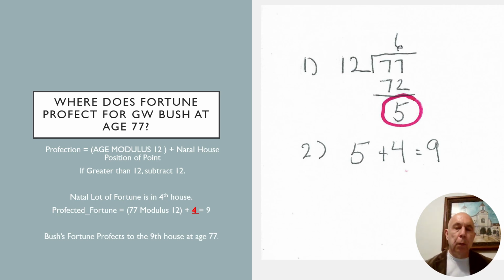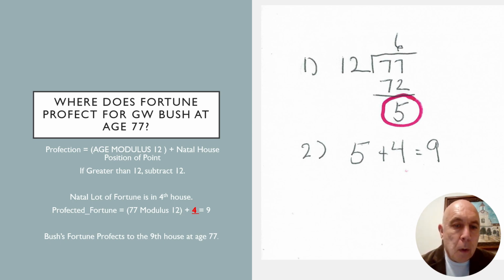All right, so we at the Classical Astrologers Guild have found that perfecting the lot of fortune is very important. So where does the lot of fortune perfect for G.W. Bush at age 77?